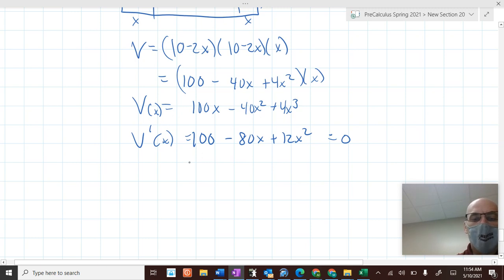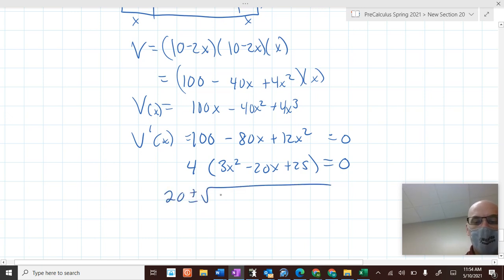We could factor out a 4, and we get 3x squared minus 20x plus 25. Do the quadratic formula. Negative b plus or minus the square root of b squared minus 4ac all over 2a.